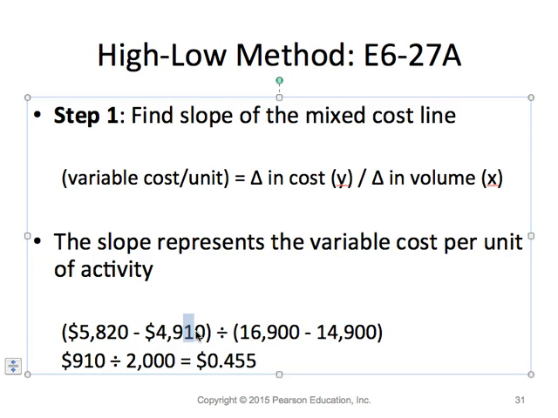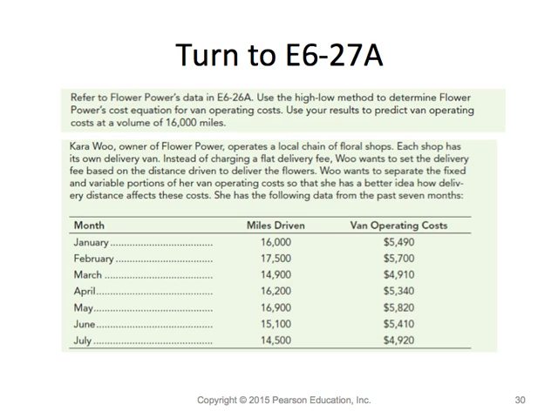But anyway, it doesn't really matter. 16,900. 14,900? Why is that right? Okay, it's 14,500. Oh, I was wrong. The lower one is 4,910. It's not a 5,920. So actually, it's 4,910 or 4,920. From that 4,920. So I apologize. This is the lowest point, and this is the highest point. So that makes sense.